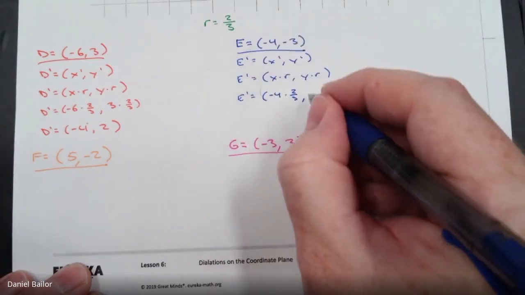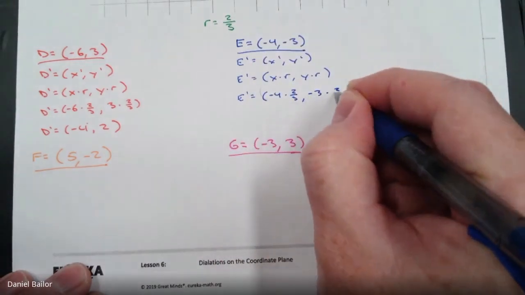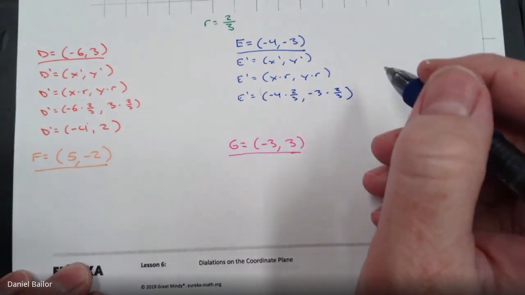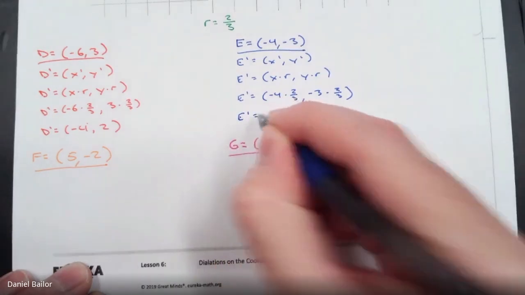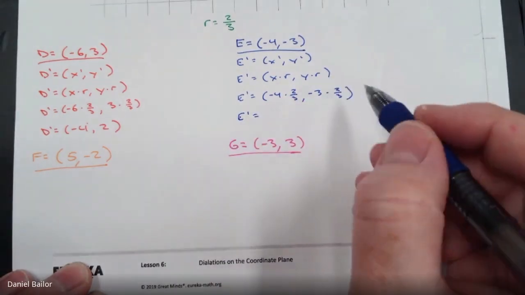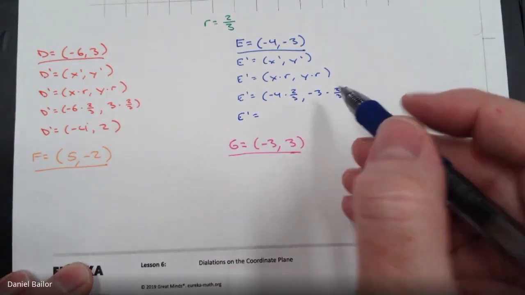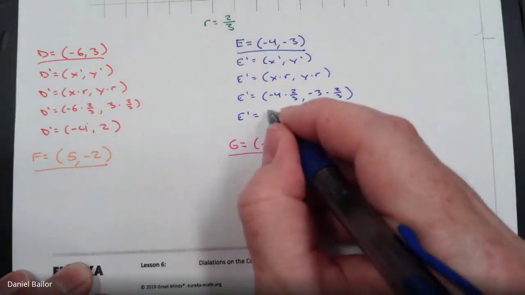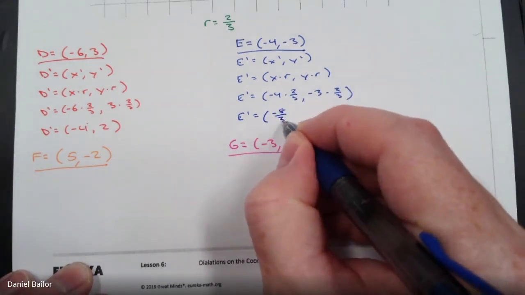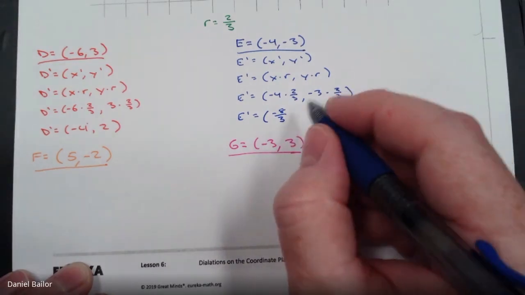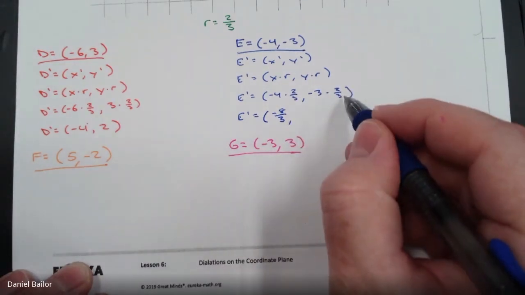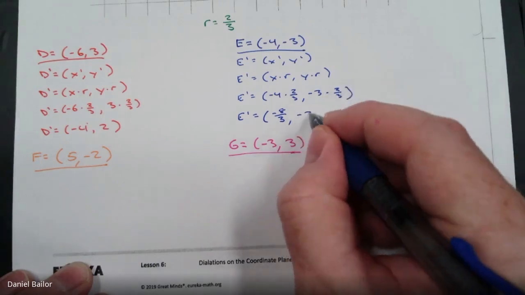Y was -3, and the scale factor is 2/3. So E prime is going to be, let's see, -4 times 2/3 is going to be -8/3, which is about 2 and 2, which is 2 2/3. -3 times 2/3 is going to be -2.